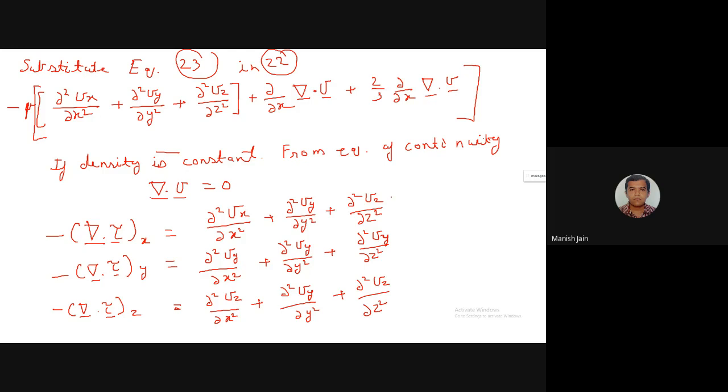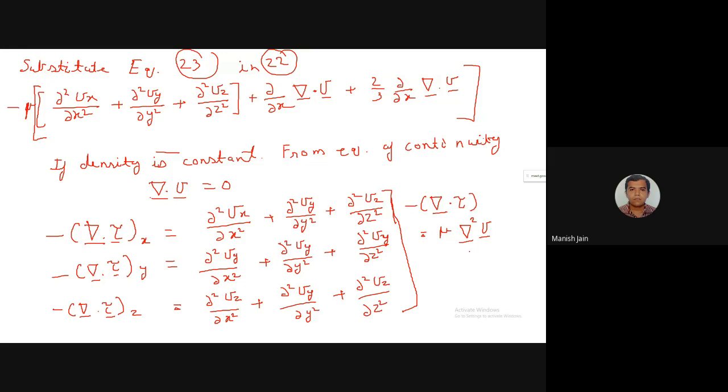Okay, so all these equations you can write in the vector and tensor form. All these equations say that minus del dot tau should be equal to mu del square v.